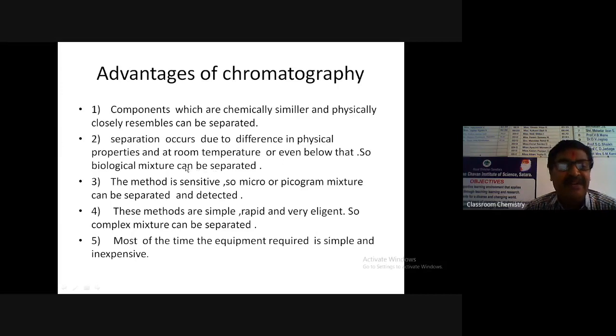Third advantage, the method is very sensitive, so micro or picogram quantities of a mixture can be separated and detected. Fourth advantage, these methods are simple, rapid and very elegant, so complex mixtures can be separated. And the fifth advantage, most of the time the equipment required is simple and inexpensive.